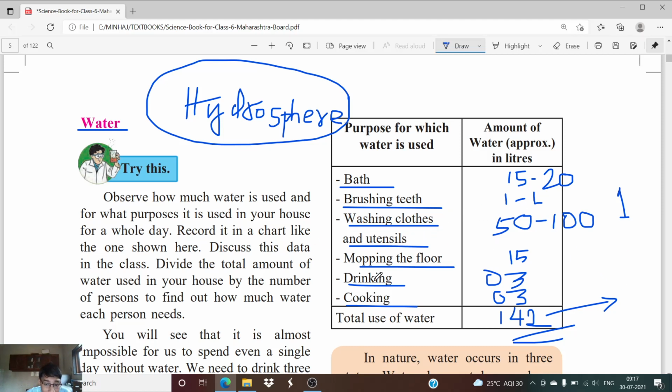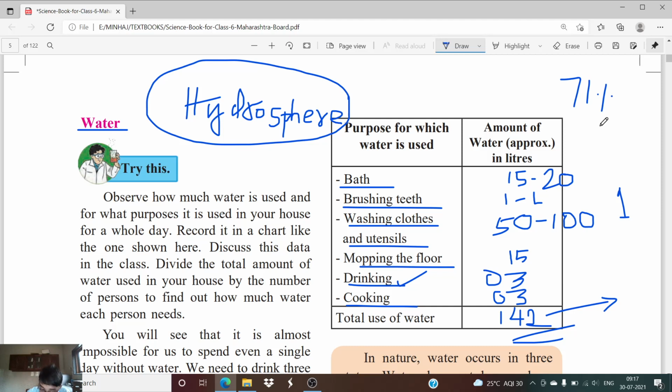Now my dear friends, for drinking purposes there is a very small amount of water present on the earth. The earth is covered 70% by water, but the drinking water, the water which we can drink, is not even 1% on earth.